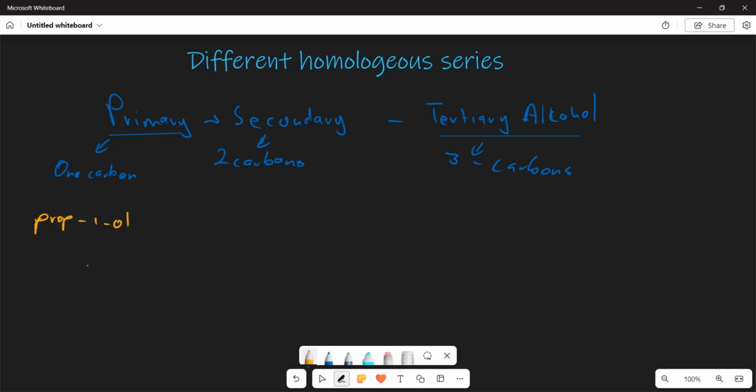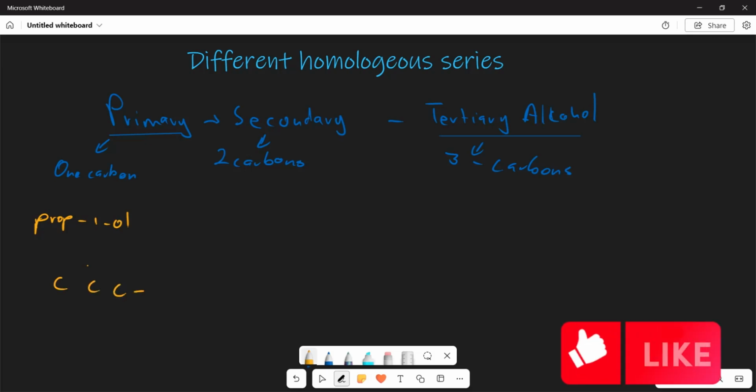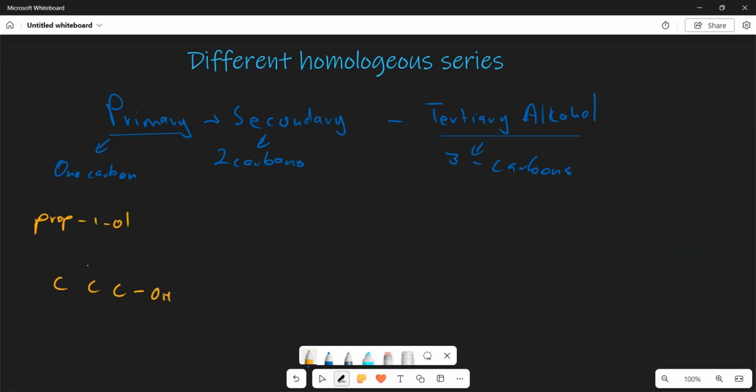Now look, your prop-1-ol is the same as 1, 2, 3 C, right? This is going to be your OH. Remember, this number represents the position, the OH represents the functional group, and this prop represents the number of carbons that you have, right? So these are going to be the C's.